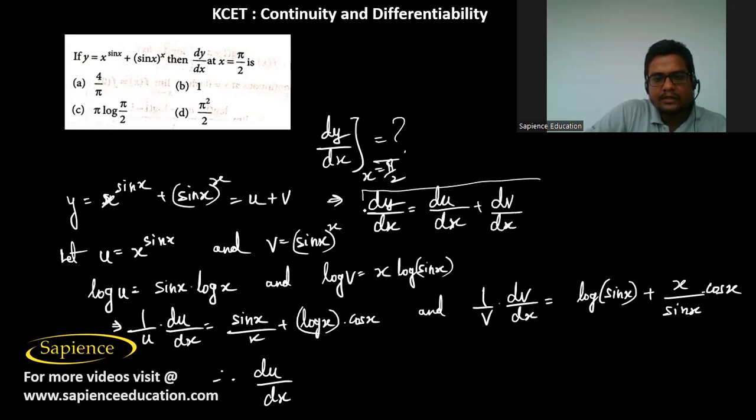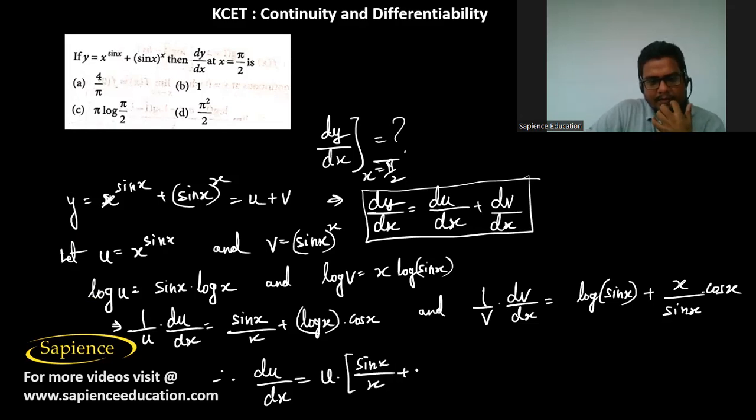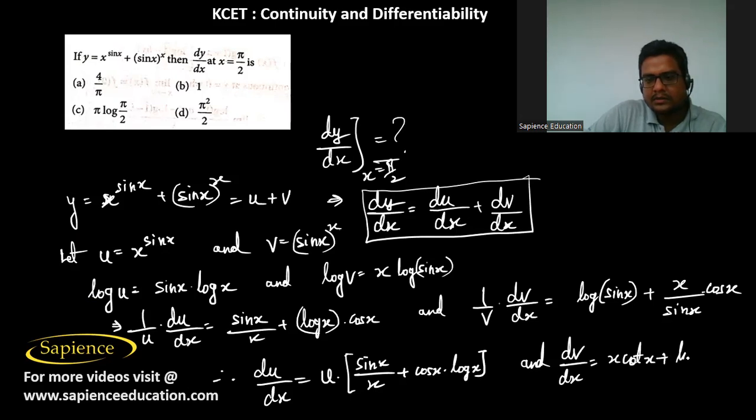That we have to find at x equal to pi by 2. So du by dx is u into sin x by x plus cos x into log x, and dv by dx is equal to x cot x plus log sin x into v.